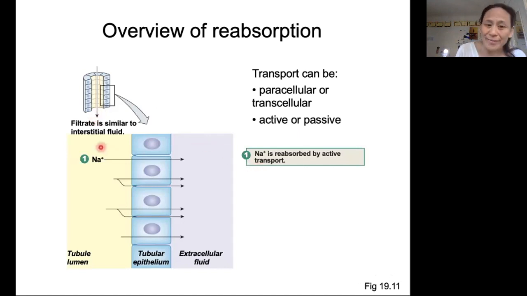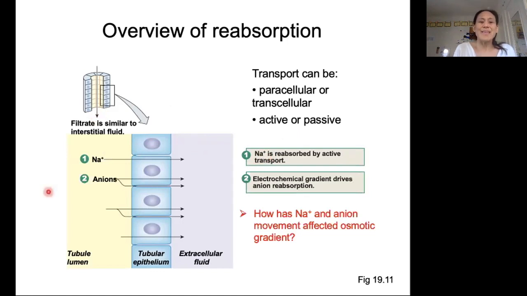So this is step one, sodium is reabsorbed by active transport. Next, not everything is happening simultaneously, but what is going to happen with our anions is, since we have created an electrical gradient by moving sodium, our anions are going to follow that electrical gradient that was set up, okay?